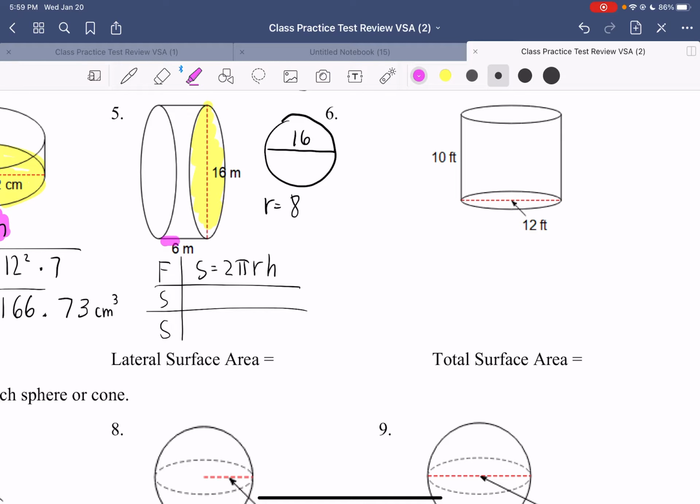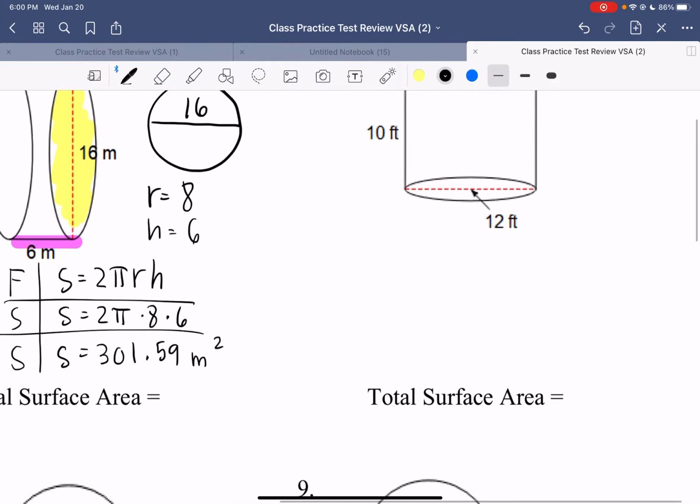And the height is 6. So we substitute 2 times pi times 8 times 6. That gives us a surface area of 301.59, and that's meters squared because we are finding lateral surface area.